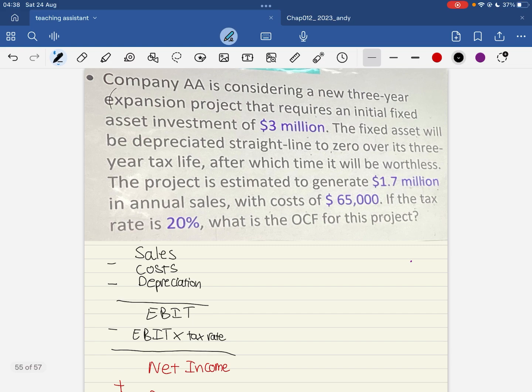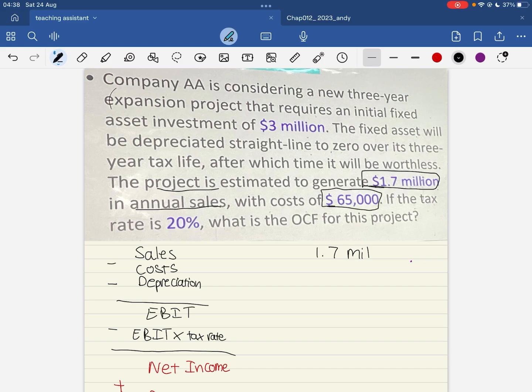So firstly, we can see that the estimated sales revenue of the project per year annually is $1.7 million. So we put 1.7 here, 1.7 million. How about the cost? The cost is $65,000.